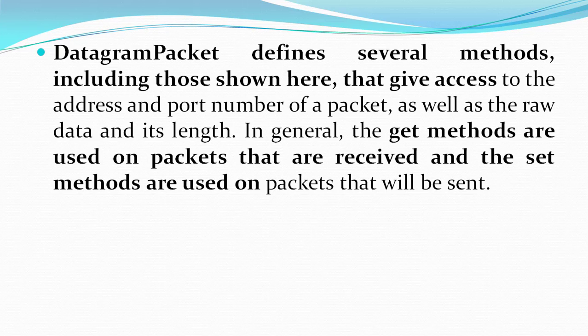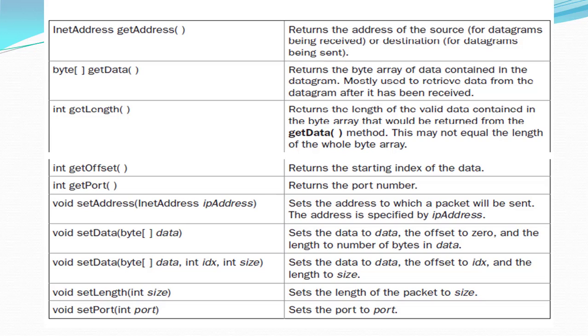In general, the get methods are used on packets that are received, and the set methods are used on packets that will be sent. This is how DatagramPacket works.